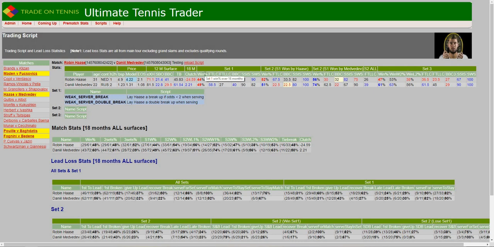And we've got the win percentage, set 1, over 18 months. First to lead. So, which player potentially goes a break up in their matches early? Yes, we can see Medvedev. He's the first to lead in set 1, 58.5% of the time.